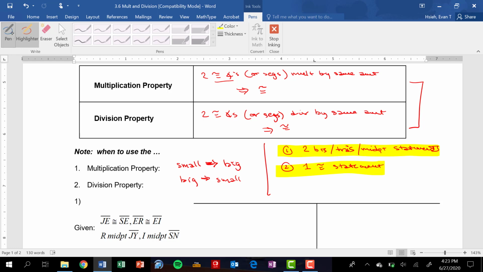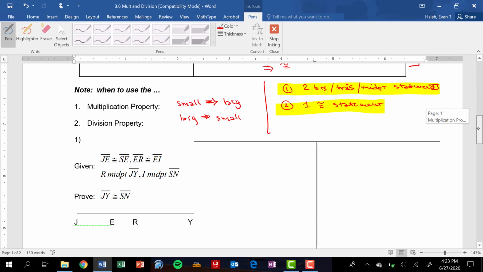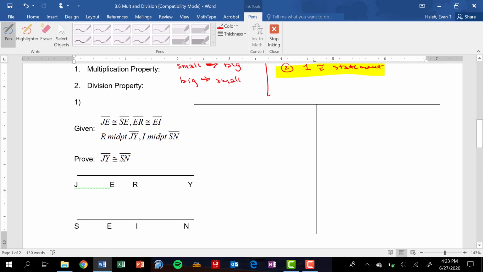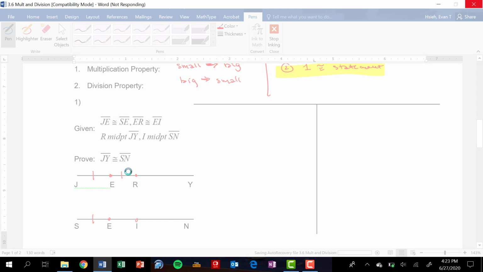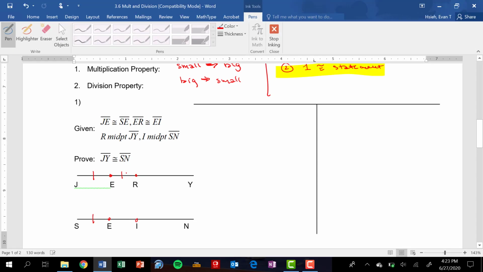So here's what I mean by that. Let's try an actual proof down at the bottom here. Put some dots in here, some points. JE is congruent to SE. ER is congruent to EI.